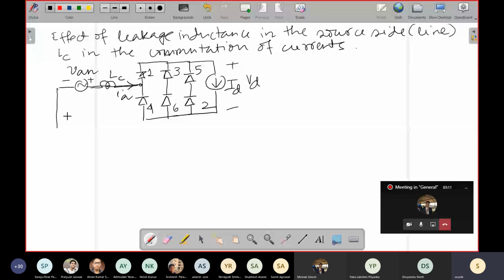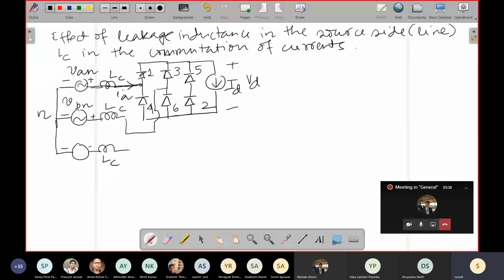Similarly, let us define other phases as well. So this is minus, plus, sinusoidal source, and N is the neutral point, right? And then this is the leakage inductance in the B phase, and similarly I draw the leakage inductance in the C phase.